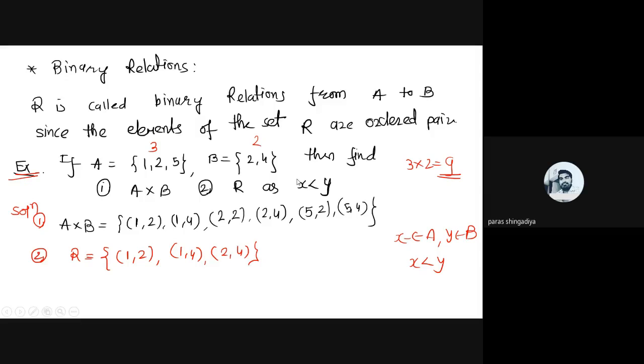Okay, and if we have only one set, that is one note. If R is a relation from set A to itself, now here B is not given. We have only one set and we define the relation from set A to itself.